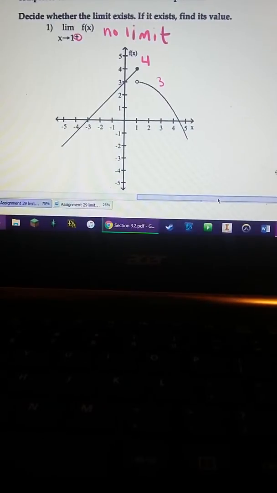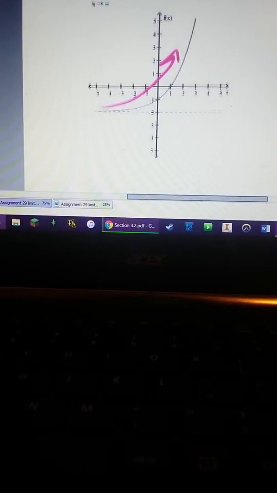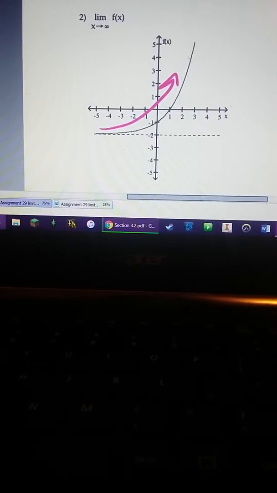Okay, so let's go down to number 2. As x approaches infinity, going up this way, because that's going down the positive side of x, what is the y value approaching? Well, you can see this line just keeps going up.